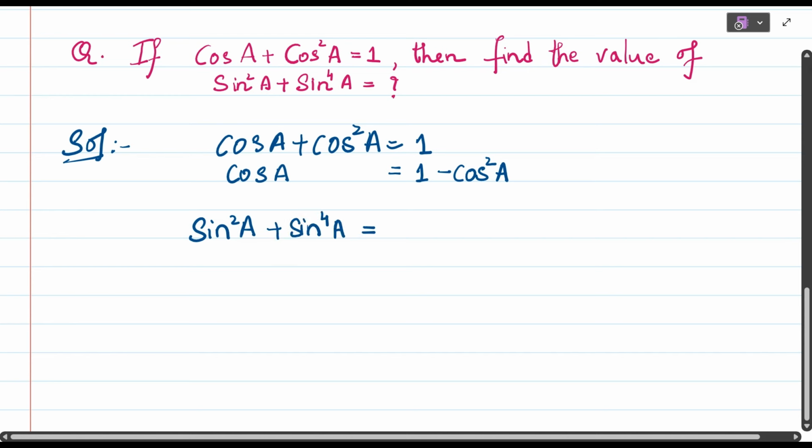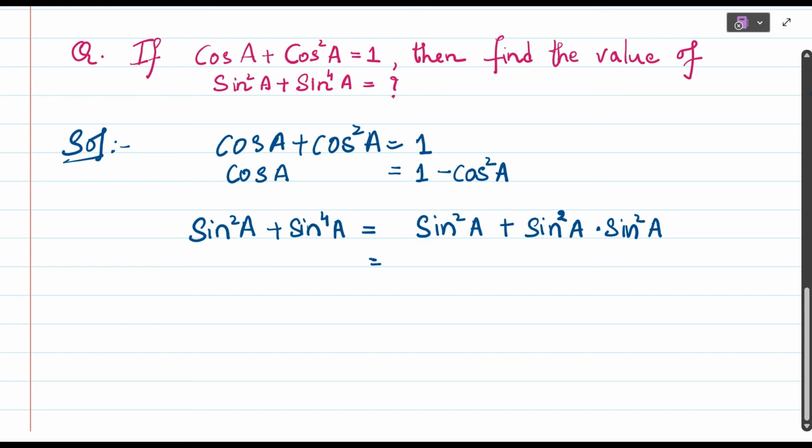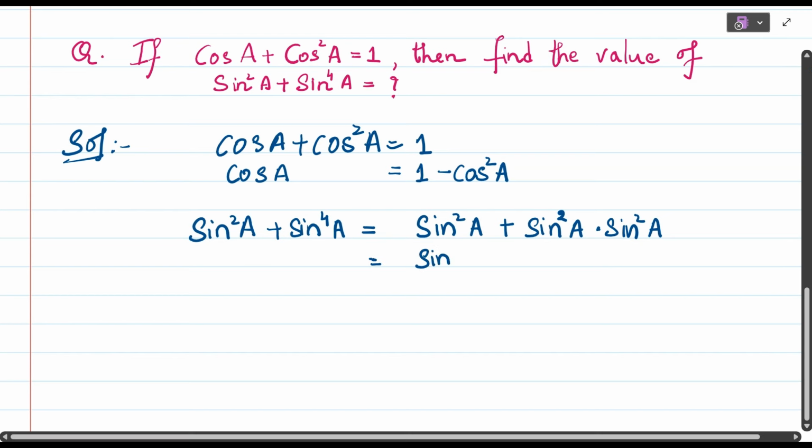Okay. So now what I am going to do is, the first term is sine square A, plus sine power 4A, which is written as sine square A into sine square A. Is it clear students? So here sine square A I am going to write like this only, plus, and in the second term sine square A can be written as 1 minus cos square A. Did you understand students?